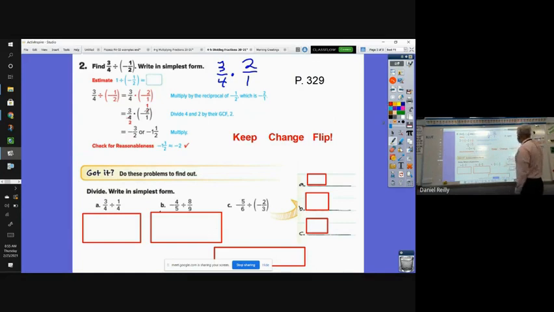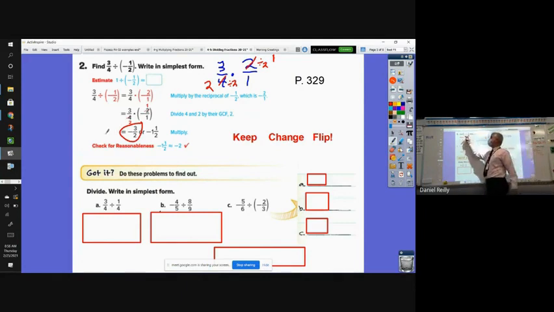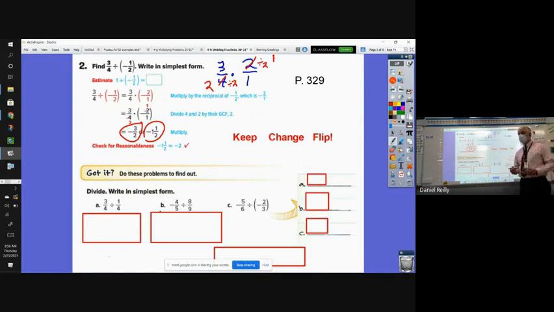Yes, because 2 and 4 are both divisible by 2. That makes a 1. 4 is divisible by 2, makes a 2. So 3 times 1 over 2 times 1, 3 halves. Positive times negative. So it's negative 3 halves or negative 1.5. And again, this is kind of like 1 divided by 2, maybe, or 1 divided by 1. The answer should be about 1, not something strange.